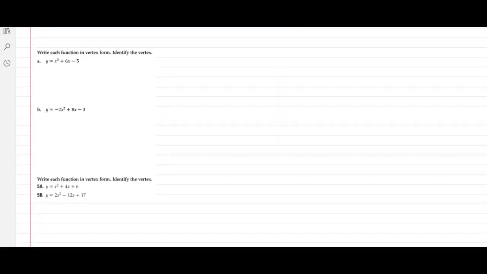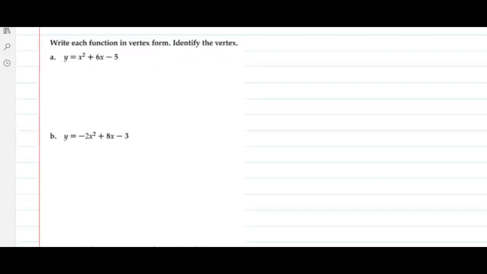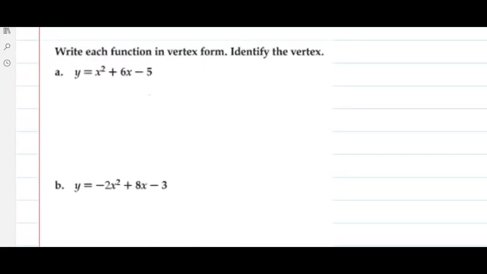This is really helpful when we're trying to take something that's in standard form and get it into vertex form. The only difference is we can't really put this number on the other side because it's not equal to 0, it's equal to y. So instead, I'm going to group. I'm going to put my terms with variables in the parentheses, and right outside the parentheses will be just the number.